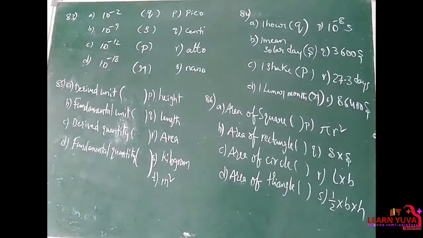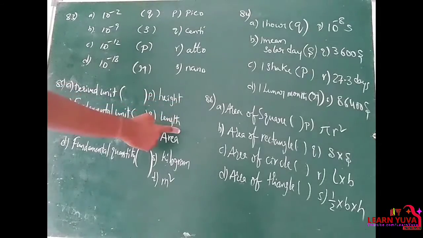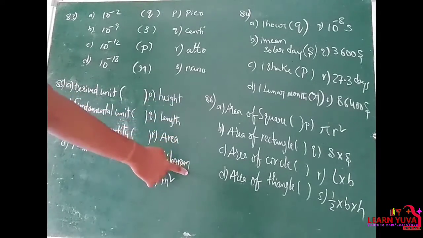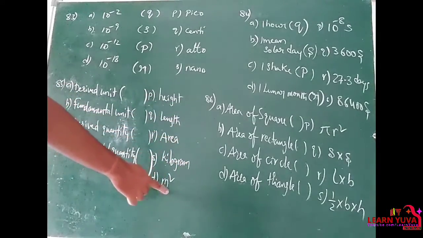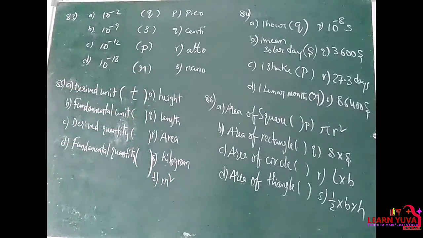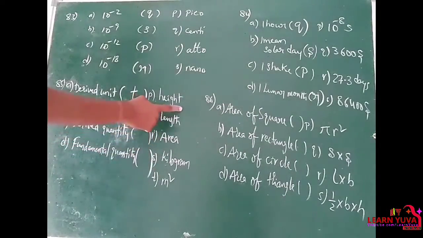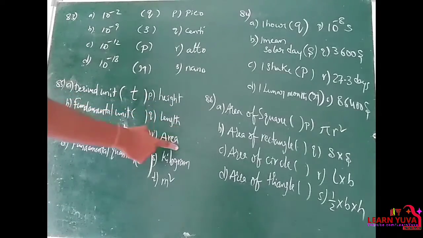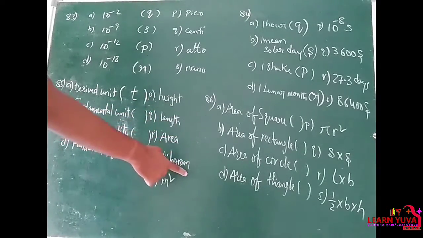27.3 days. Next, coming to this derived unit. So height is a physical quantity, length physical quantity, area physical quantity, kilogram physical quantity, meter square. Meter is the unit. So it is the derived one. So T. Fundamental unit. It is physical quantity, kilogram, kg.